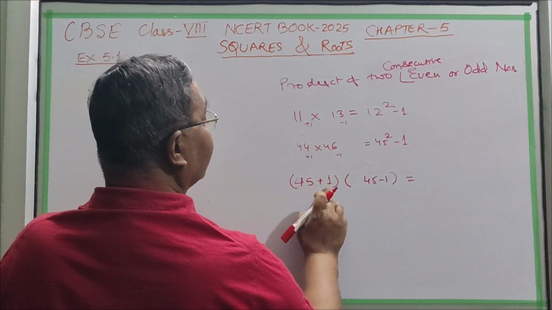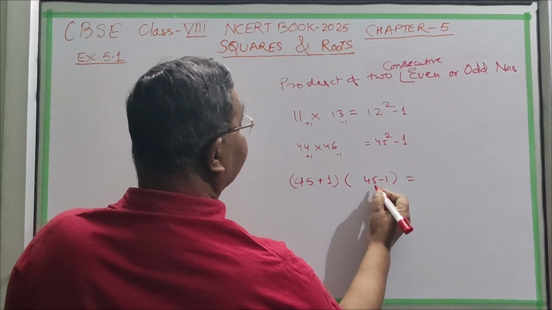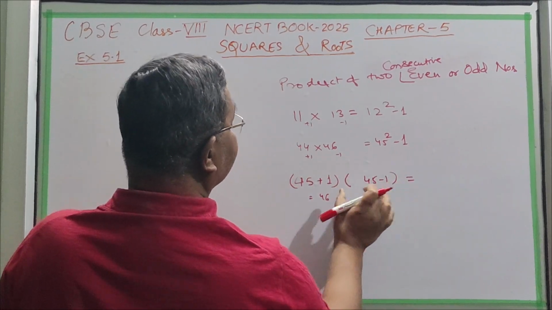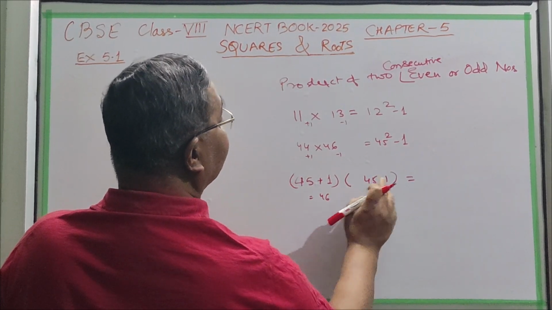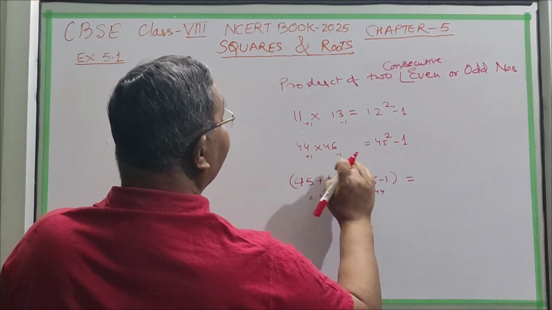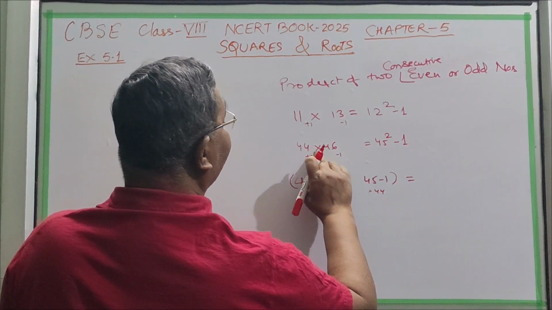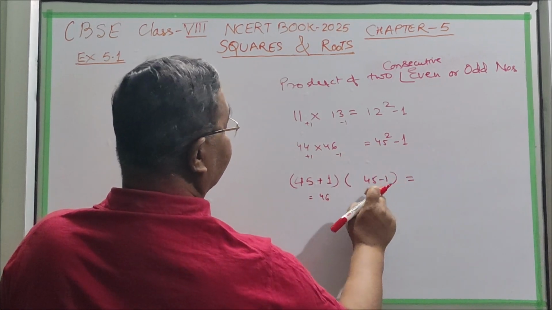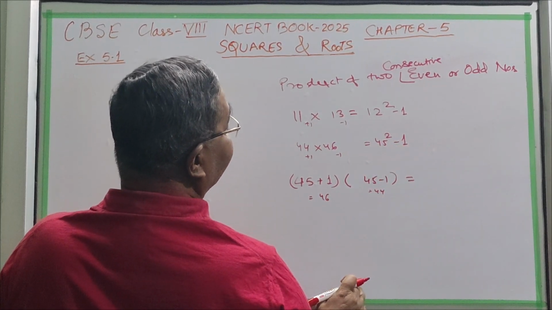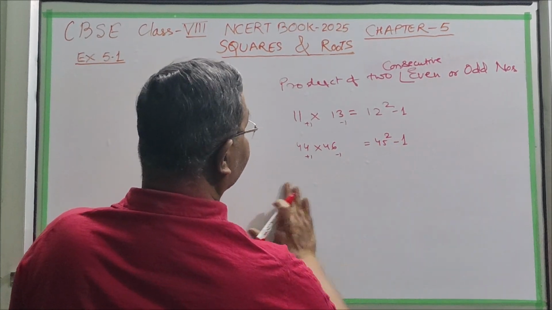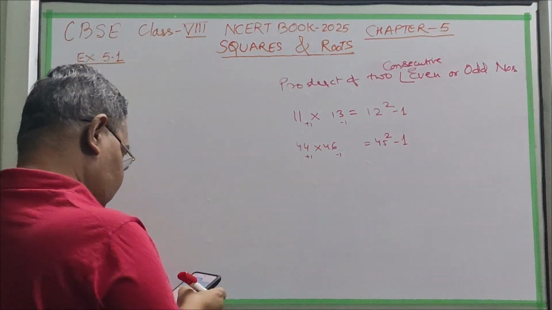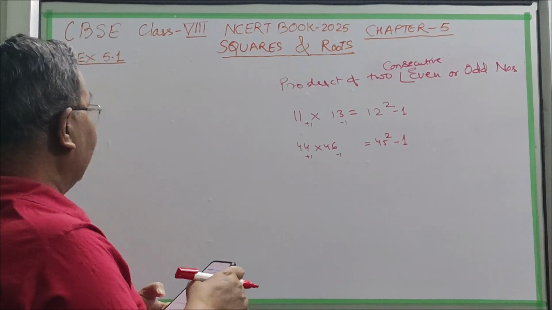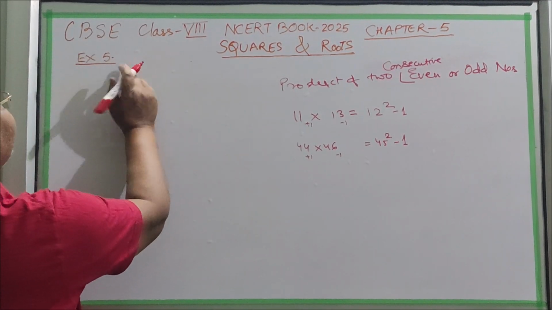So either you take 46 or you take 44, and their product is always the square of the middle number 45, minus 1. So this is one of the properties. Now the property is over. We will go to the next exercise. Okay, exercise number 5.2. We will go to exercise number 5.2.